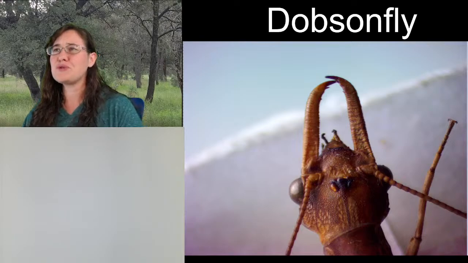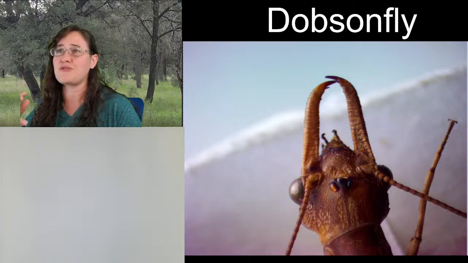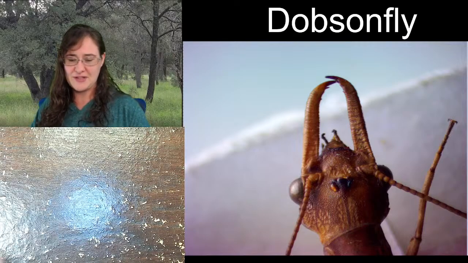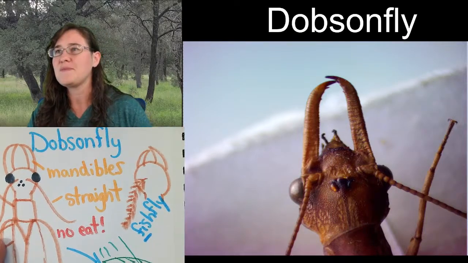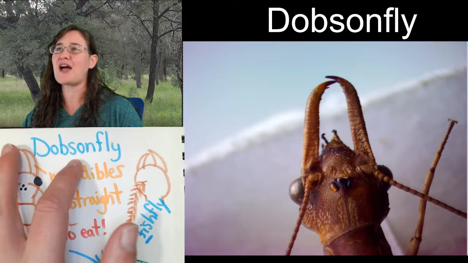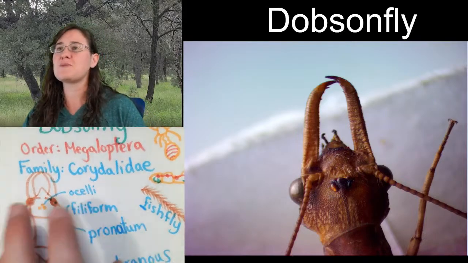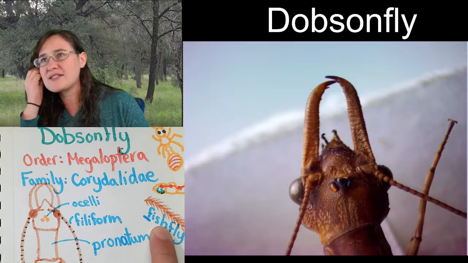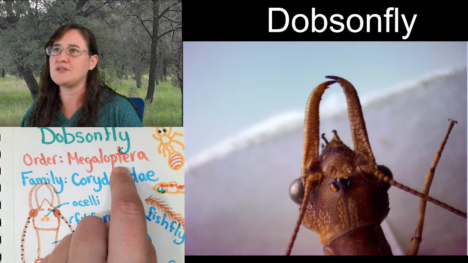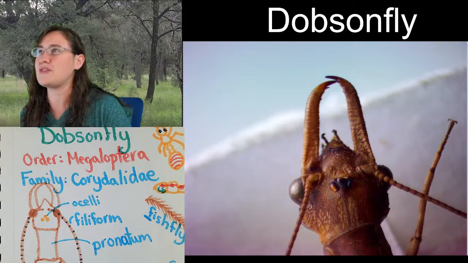Now, one of the rules for the difference between Dobsonflies and fish flies, at least one of the rules I was always told, and actually I taught about Dobsonflies today to my students, so here we are. They're both in the order Megaloptera, so that's a similarity.